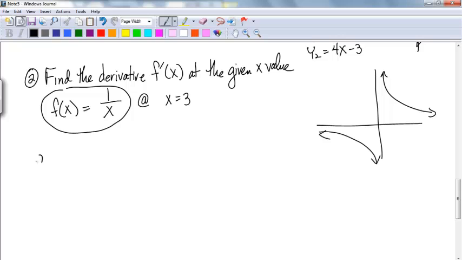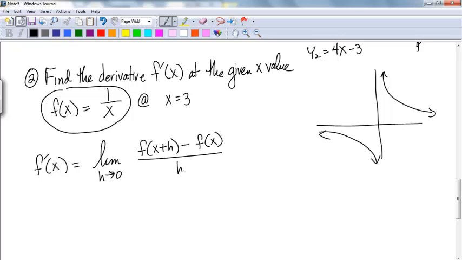F prime of x. Still start with the same formula: the limit as h goes to 0. Up in the numerator, it's f of x plus h minus f of x, and it's all over h as h approaches 0. So you still need that limit notation.